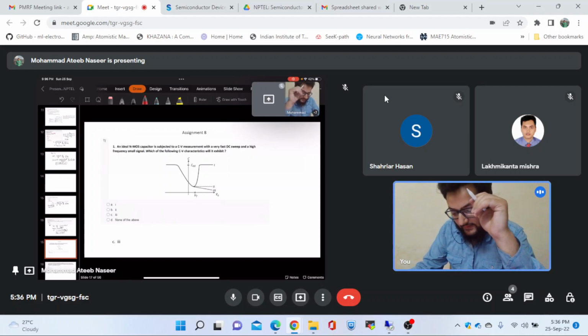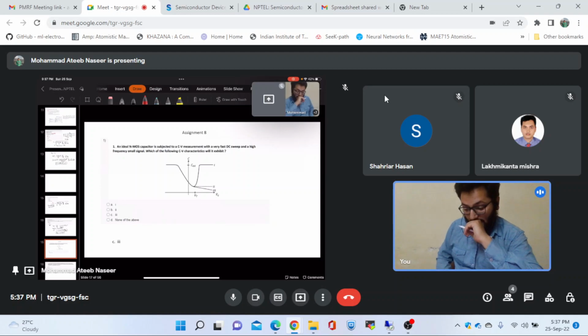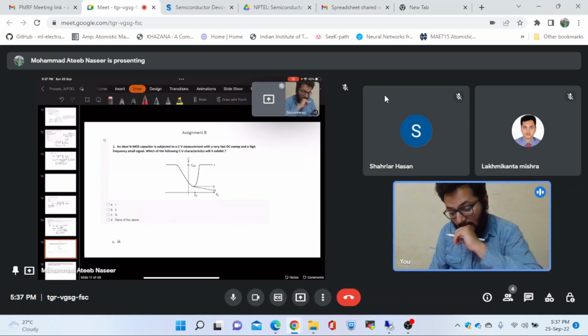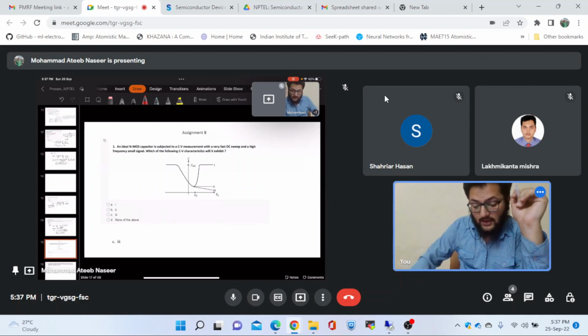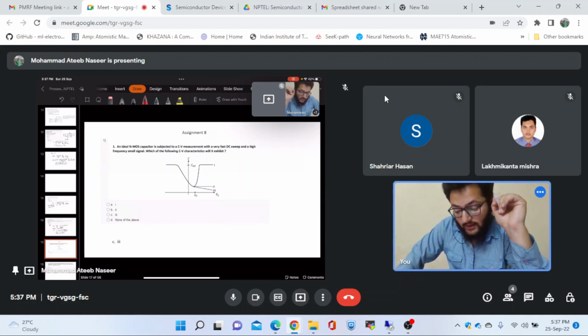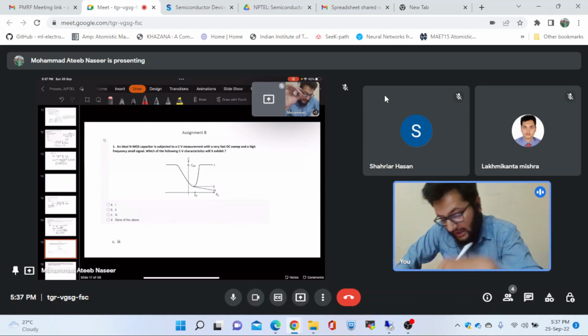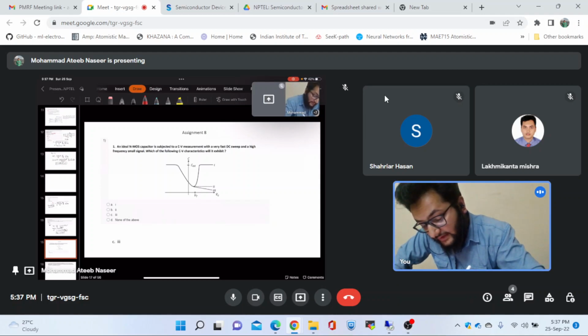So this CV curve is for the ideal NMOS cap. So this has been subjected to high frequency, and at the simultaneous time it has been subjected to the large or fast DC sweep.